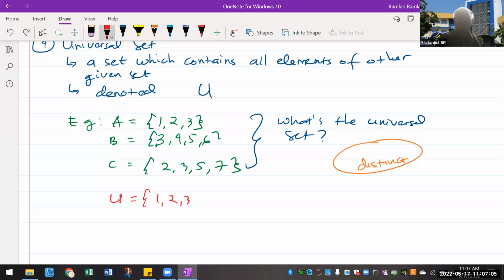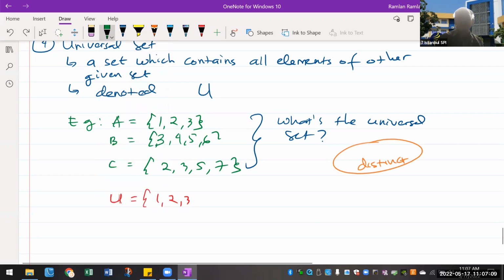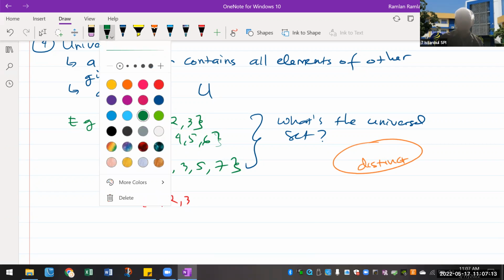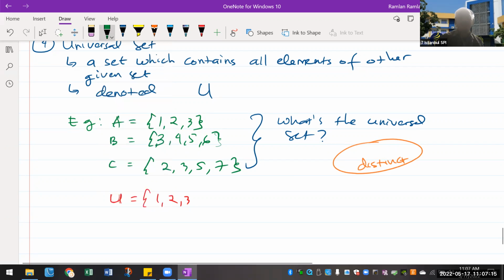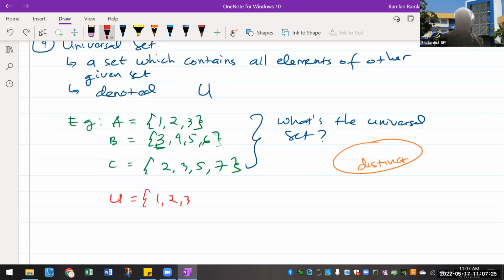And then we go to set B. The elements are 3, 4, 5, and 6. We don't have to write down the 3 again because we already have 3, so we start from 4, 5, and 6.